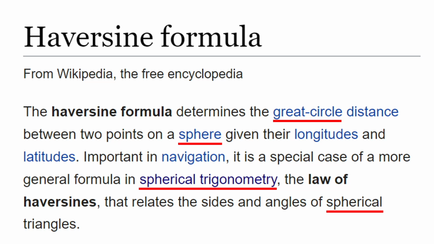In fact, more correctly, I'm going to be using the inverse Haversine formula. So the Haversine formula gives you the distance between two known points, where the inverse Haversine, you give it a latitude and a longitude, and then you tell it a distance and a bearing, and it will tell you the coordinates of where you will end up.